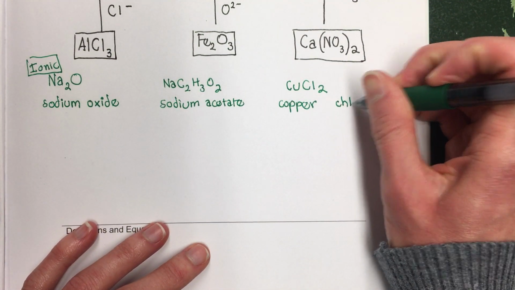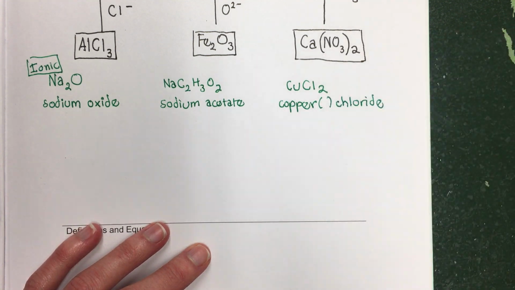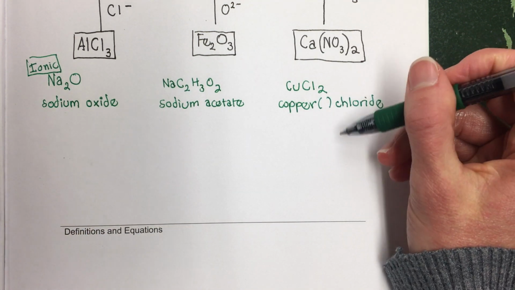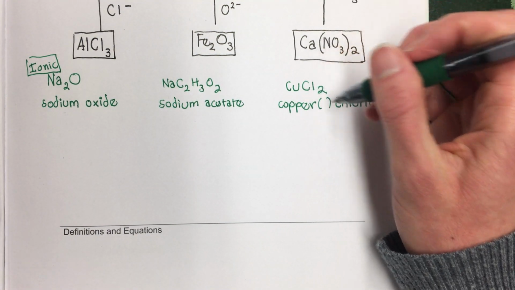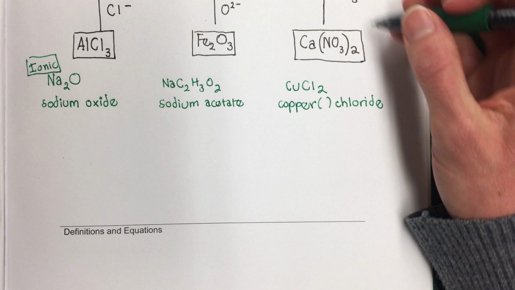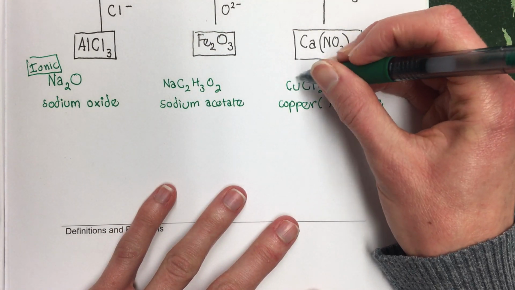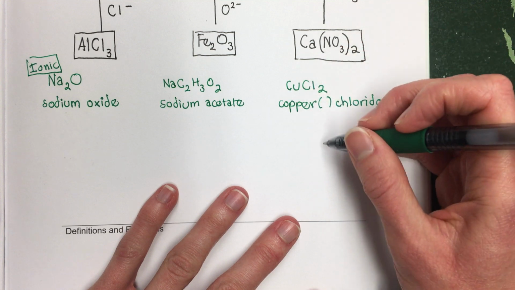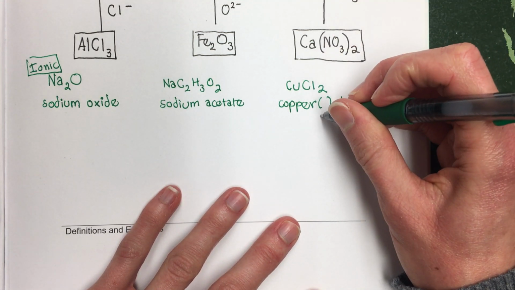I'm going to leave some space for some Roman numerals in here. Now remember, the Roman numerals are the charge. This formula doesn't tell me the charge specifically, but I can figure it out. The way I figure it out is I look at how many coppers there are, and there's one. I'm going to reverse engineer this table that we use.